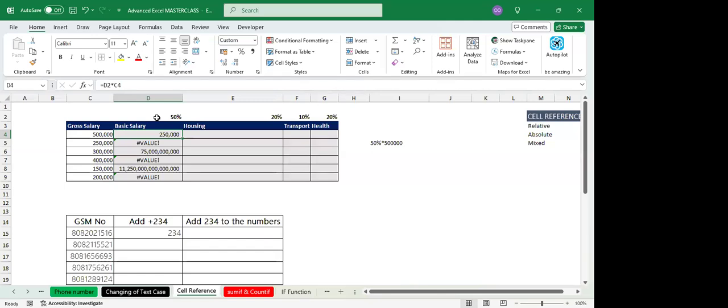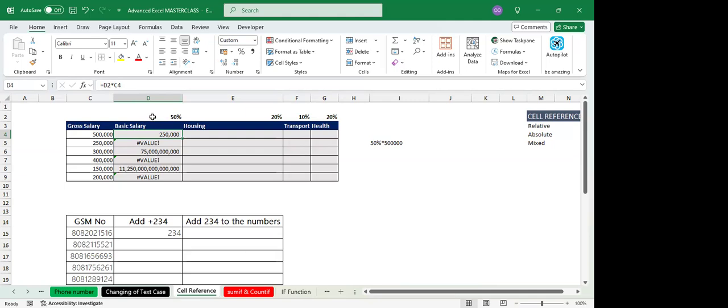I want it to stand at that position so that C4 will pick D2, and if I move down, this new C5 should also pick D2.